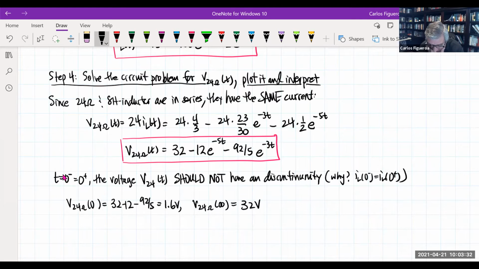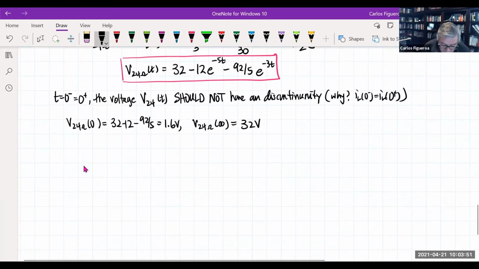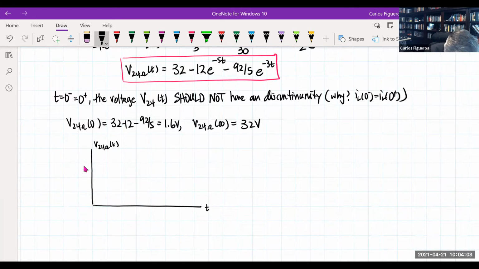So when I'm looking at this, look at the minus sign. The minus sign indicates again that we're getting charging, right? The inductor is storing current. So we could clearly see by this. So if I plot this, what should it look like? Well, if I have a curve, it should look something like this. So V24 of t, I'm going to see here that this is coming in at what?